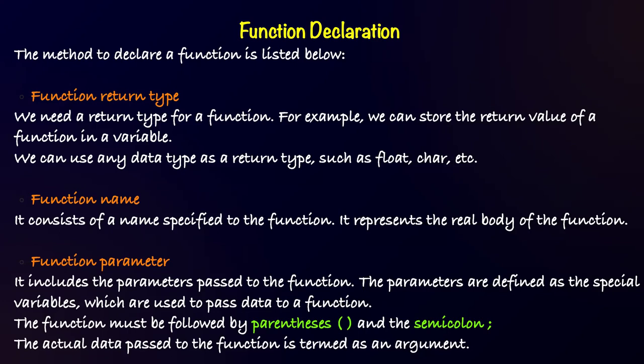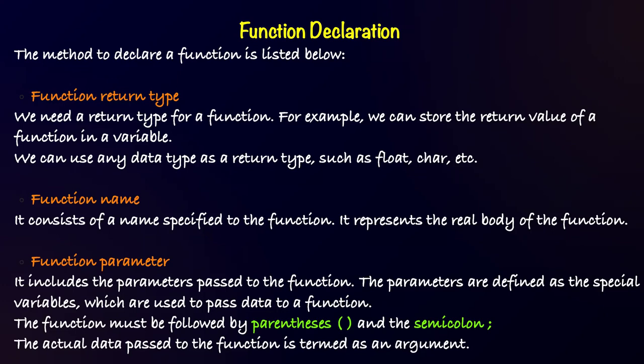What are the parameters? Important thing to remember. It includes the parameters passed to the function. The parameters are defined as special variables which are used to pass data to a function. When we are declaring a function, we must pass some data into it.